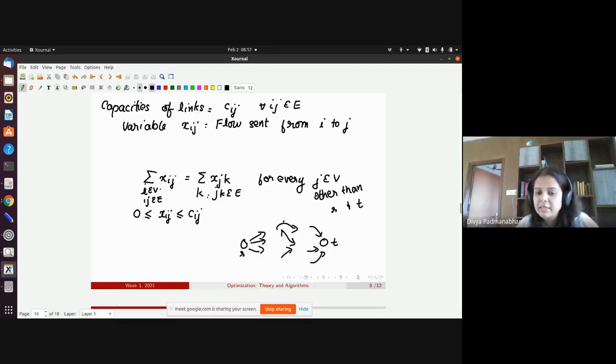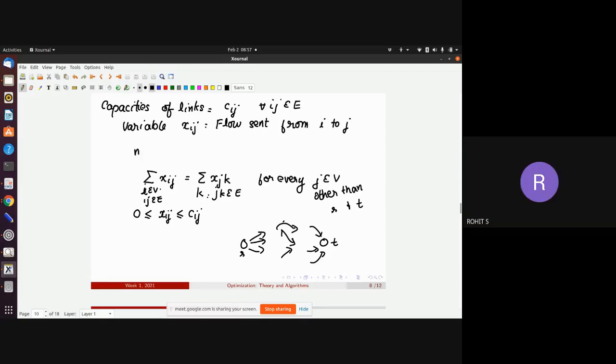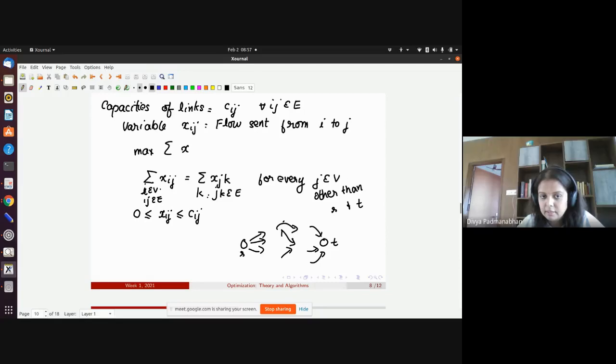So the thing you wanted to maximize is the flow going out from S or the flow going into T. Either way was fine. So you want to maximize the summation over j of x_Sj, such that all the Sj's are in E, the set of all edges. So this is what you want to maximize.